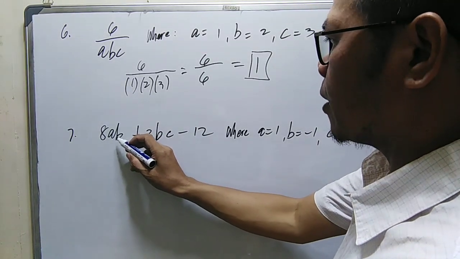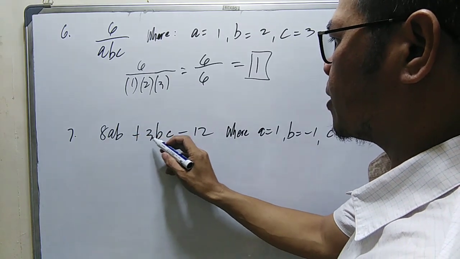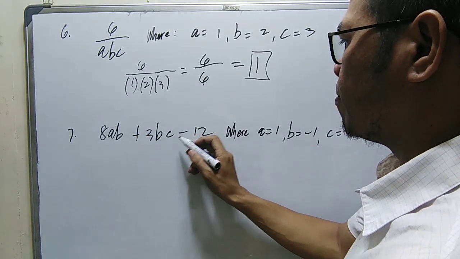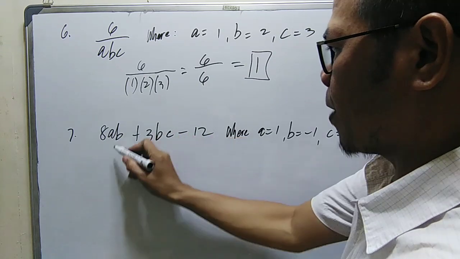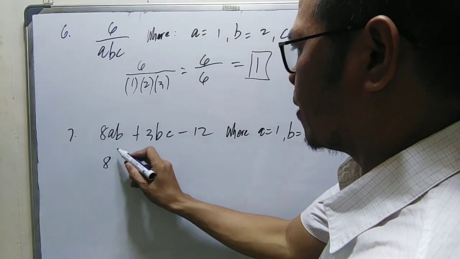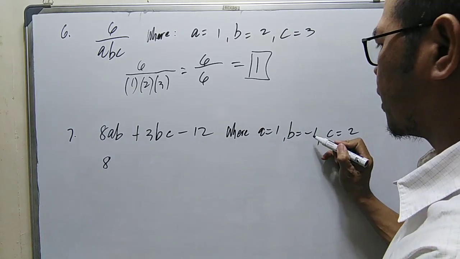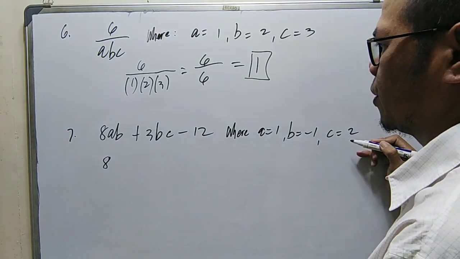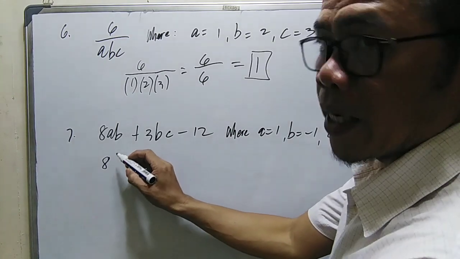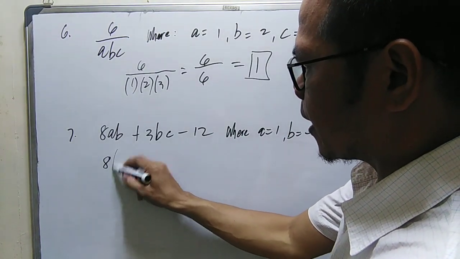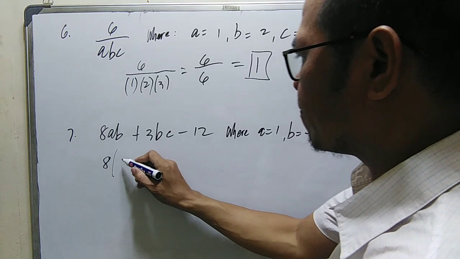8 times A times B, or 8AB plus 3BC minus 12. So kopyahin natin si 8. Then the value of A, pala natapos, A is 1, B is negative 1, and C is positive 2. So, kopyahin natin si 8, then yung A, alisin natin yan, papalitan natin ng 1.